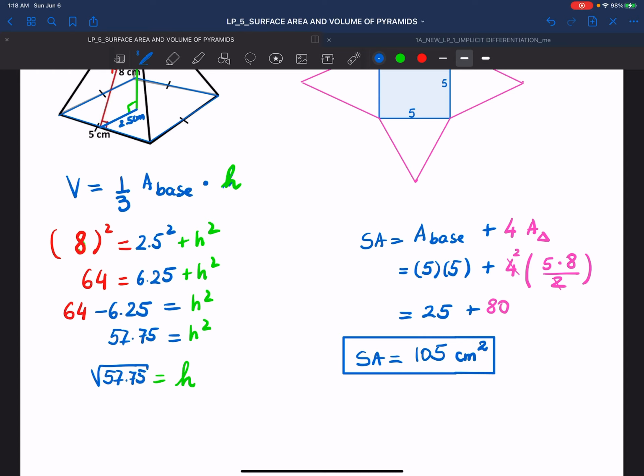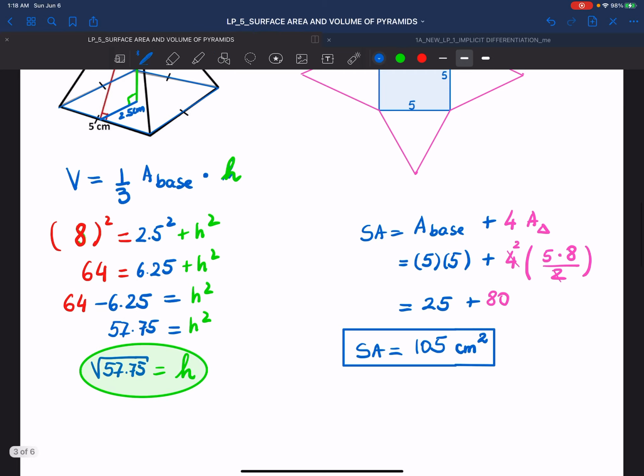I will leave this in this form. I won't calculate it with a calculator or round it, and I will move back to the volume formula and say, okay, now I think I have everything I need to find the volume. Area of the base would be 5 squared, because it's a square, times the height, which is the square root of 57.75.